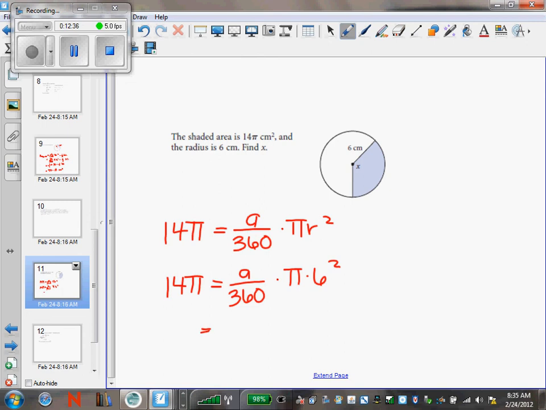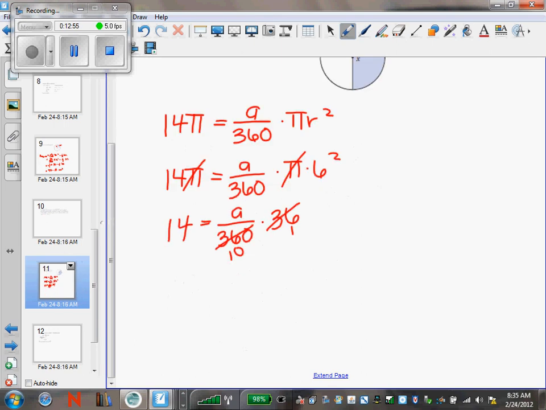I am going to cancel the pi from both, just divide both sides by pi. So I have 14 equals A over 360 times 36. Well, I can simplify this. 1 here and a 10 there. And then I will multiply both sides by 10.